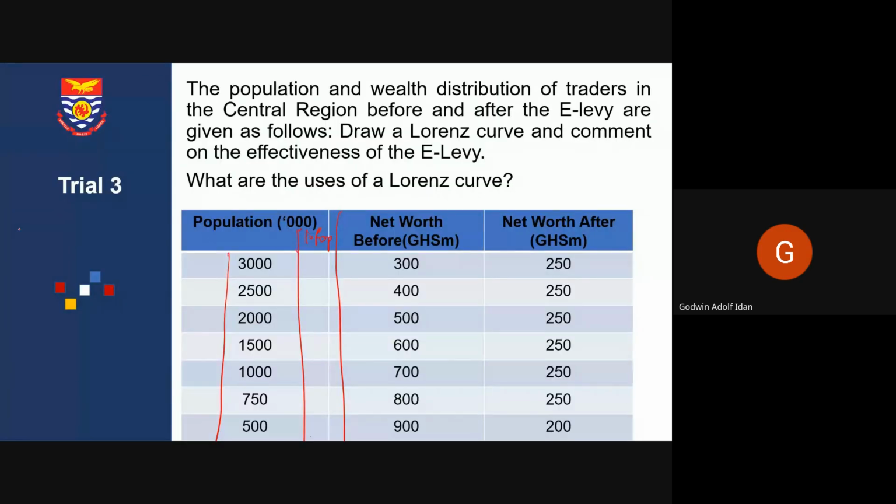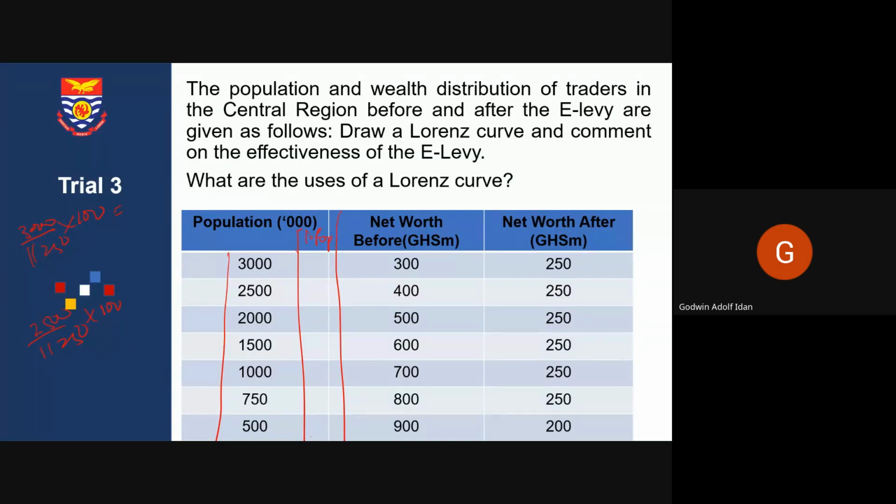We're just going to have 3,000 divided by the 11,250, right? Times 100. And then the next one is going to be 2,500 divided by 11,250 times 100.